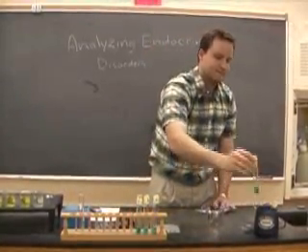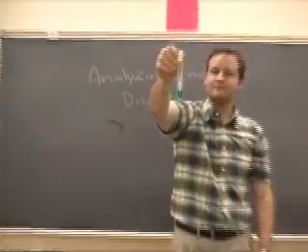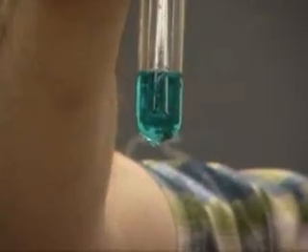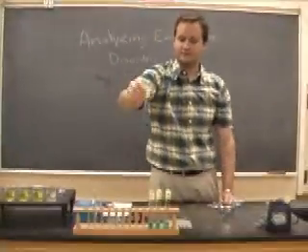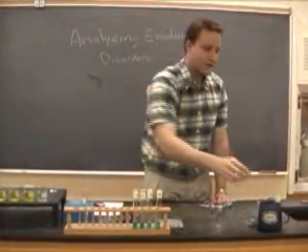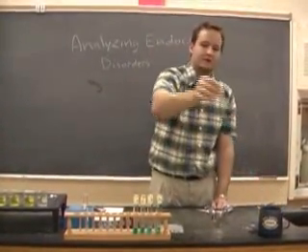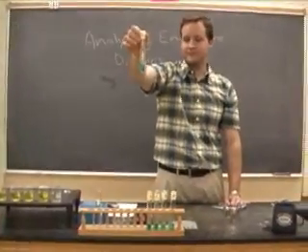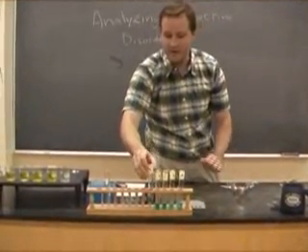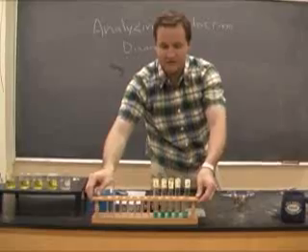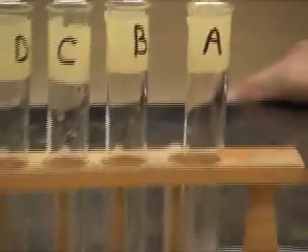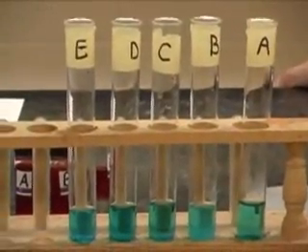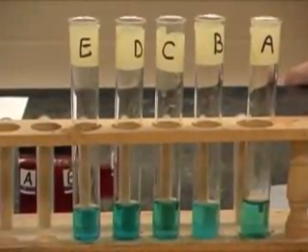Let's look at D. And lastly, we'll look at E. So once again, if you want to compare the 5 samples, A, B, C, D, and E, we're looking at formation of precipitate. We're looking at a sample that should be cloudier than the others, and that would indicate glucose.